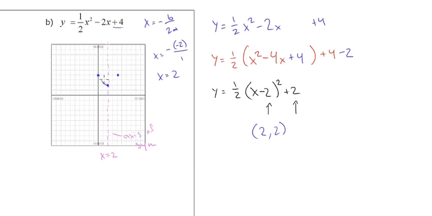And so here's our graph, just sketching out a parabola. So we were supposed to label our axis of symmetry. Here's our vertex. Here's our y-intercept. And this time we do not have any x-intercepts, because our roots are imaginary.